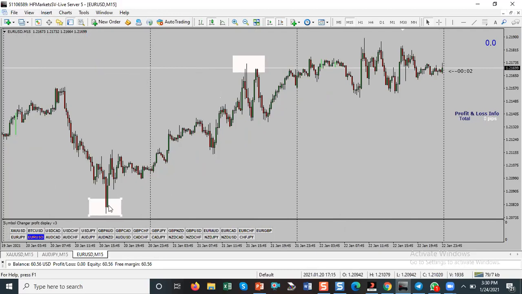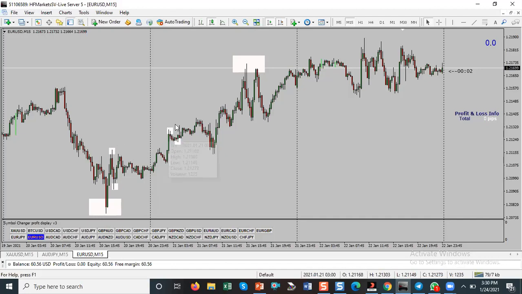At this point here, market created a higher high and dropped down to create a higher low. From here, market created another higher high and dropped down to create a higher low.